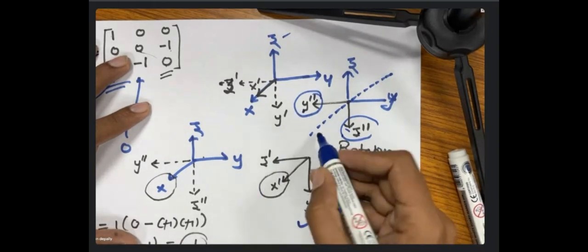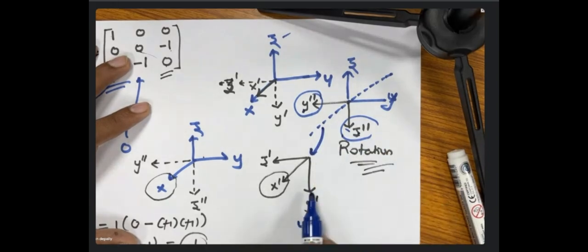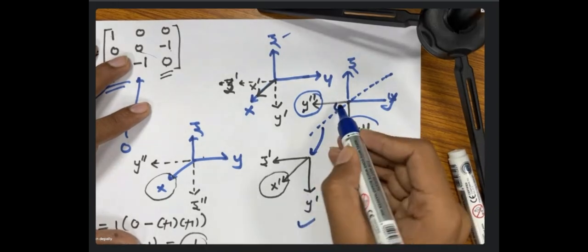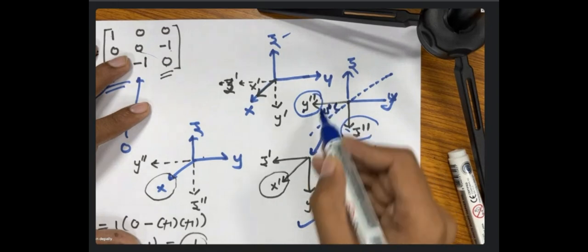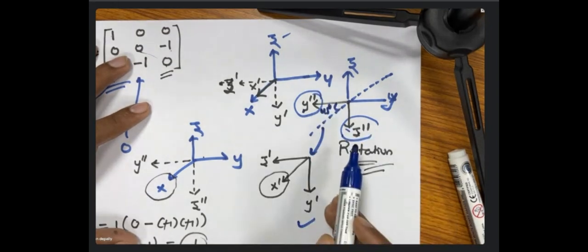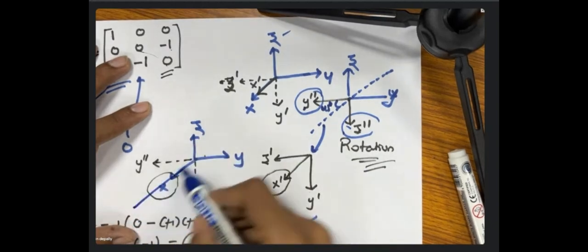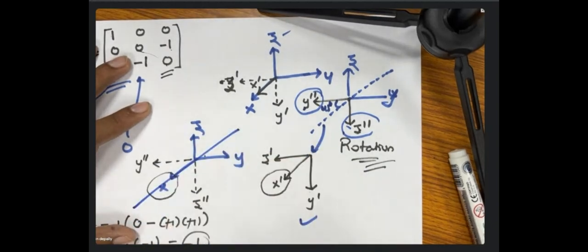So reflection at the angle of 45 degrees, a plane which is at 45 degrees and along the x-axis. If I place a plane right over here, I will get the reflection.